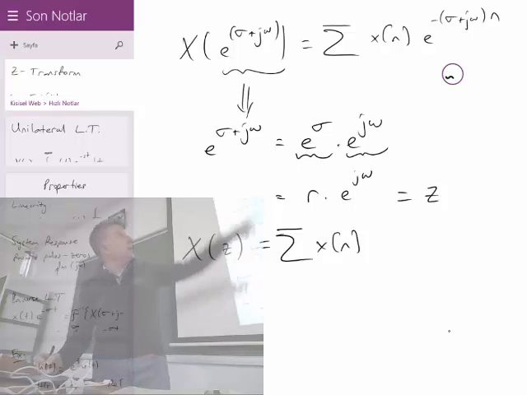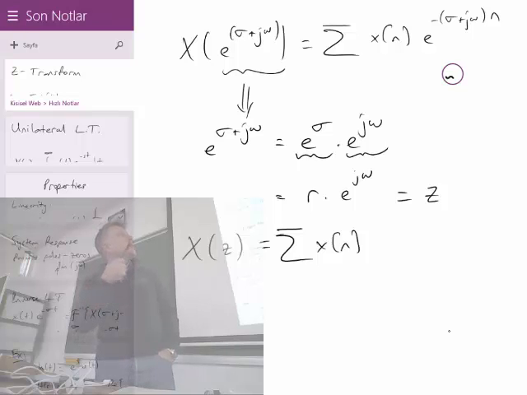Now, can you relate the top right corner, e to the minus sigma plus j omega n, to z? Can you relate that to z? What does that say? e to the sigma plus j omega is z.